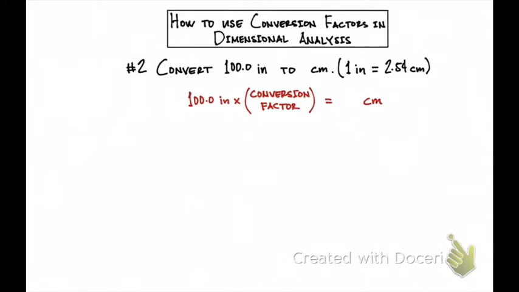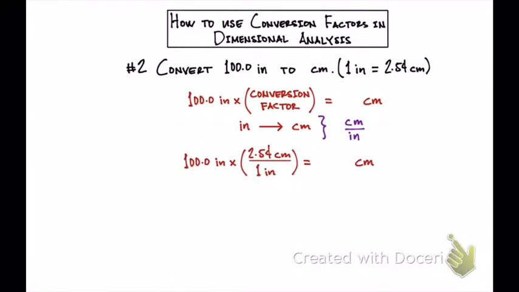And so we're converting from inches to centimeters, and so we want centimeters in the numerator. So that would be centimeters per inch. And in that case, the conversion factor that we're going to use is 2.54 centimeters per 1 inch. And so we're going to plug that into the conversion factor here.